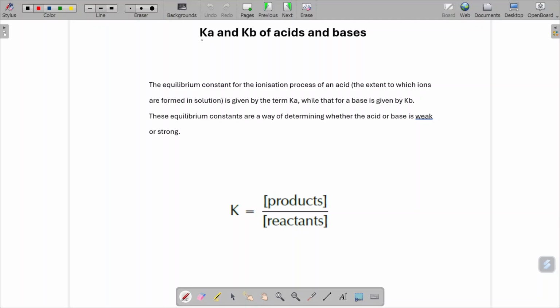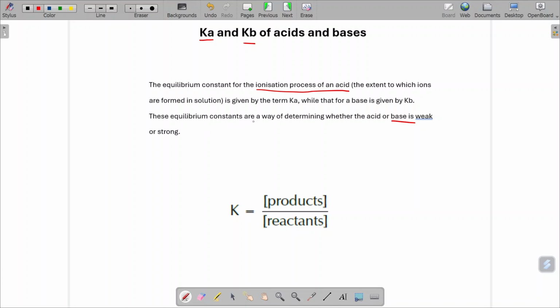With an acid-base reaction, we are also able to write an equilibrium constant for the acid and base reactions. Just as for a normal reaction, we can write Ka as the equilibrium constant for an acid and Kb as the equilibrium constant for a base. And this is for the ionization process of an acid and for the same dissociation or ionization of a base.